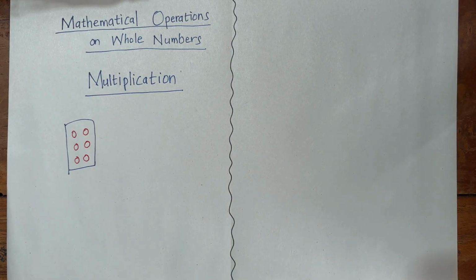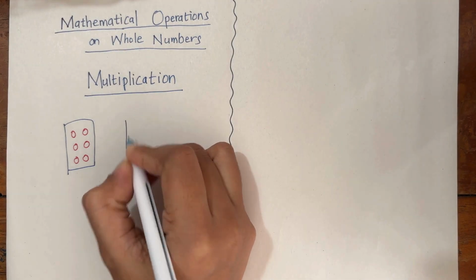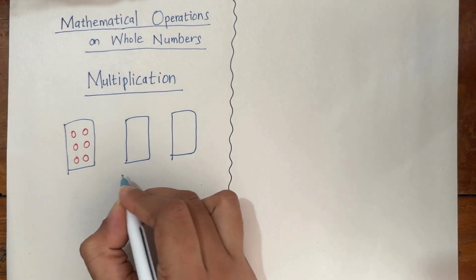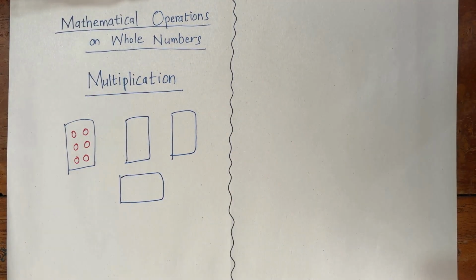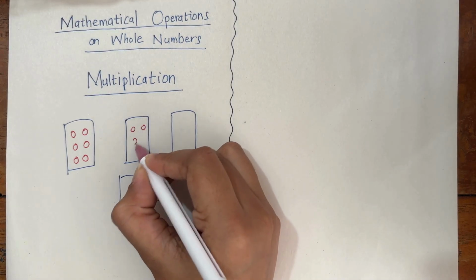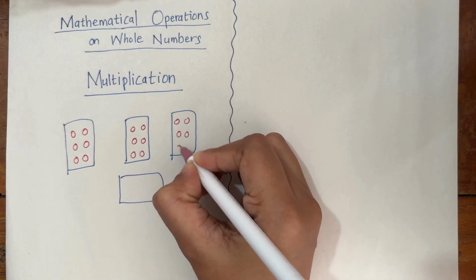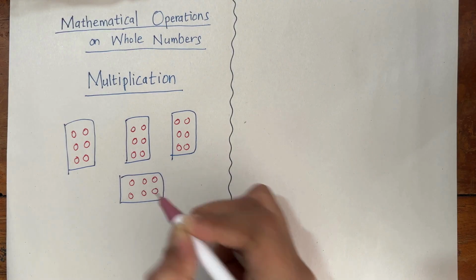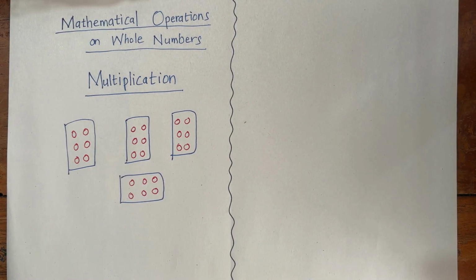Okay, let's say we have 4 such packets of candies. Okay, now altogether how many candies are there in all these packets?